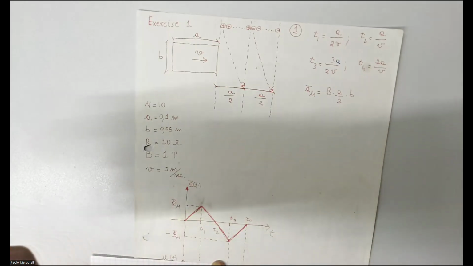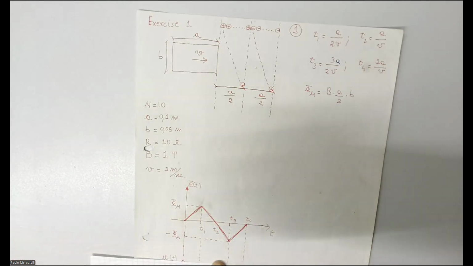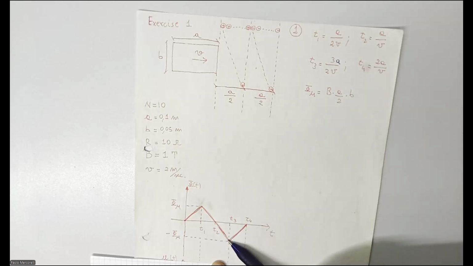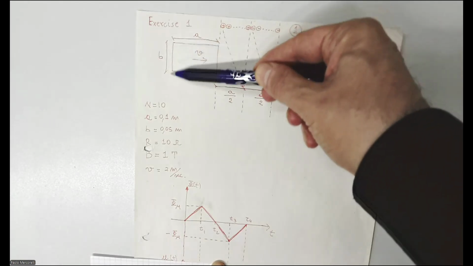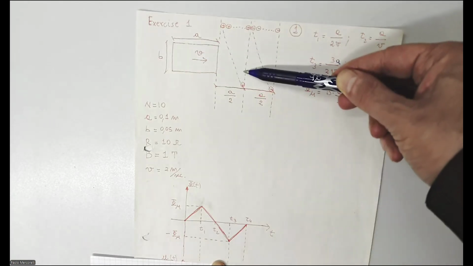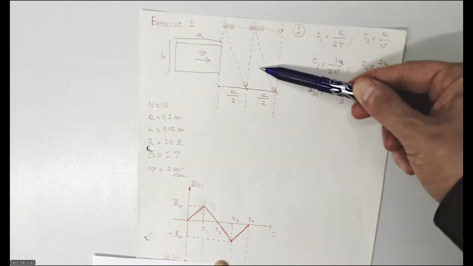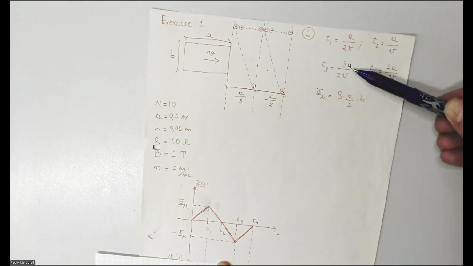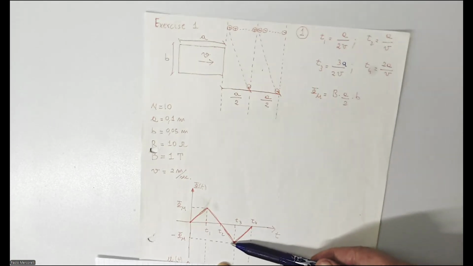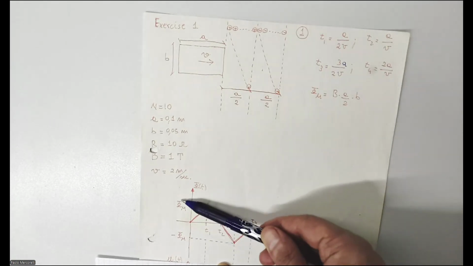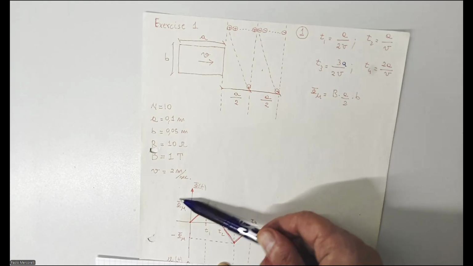This means if I exclude the positive, I'm going negative here, until which position? When these elements here are here. This means half of the coil is in the negative part, half is totally out. And then we have the negative maximal flux, which is exactly the maximal positive with a minus, of course.